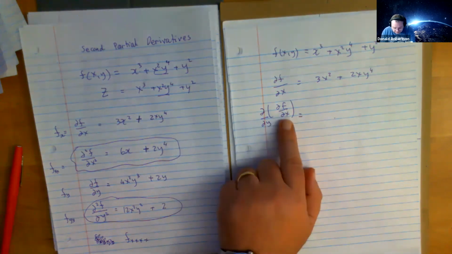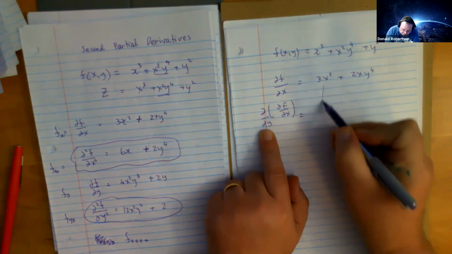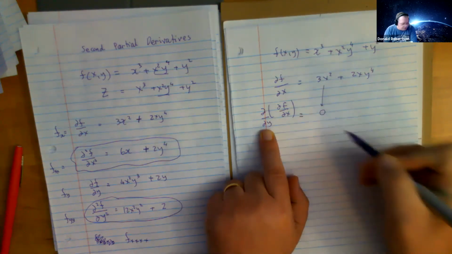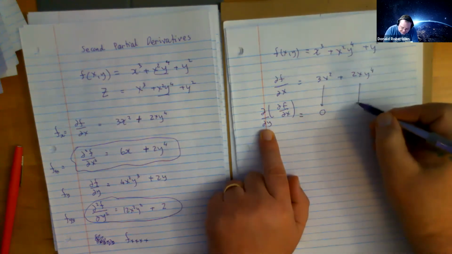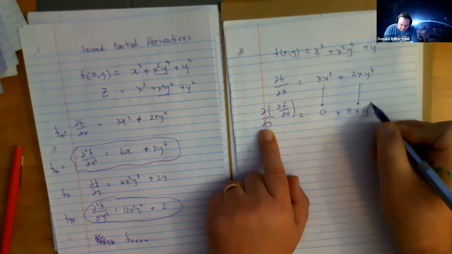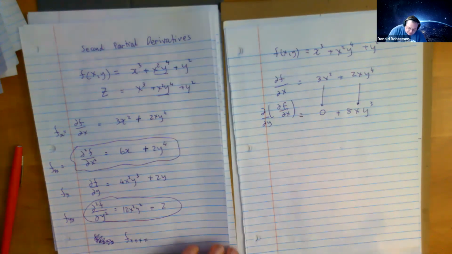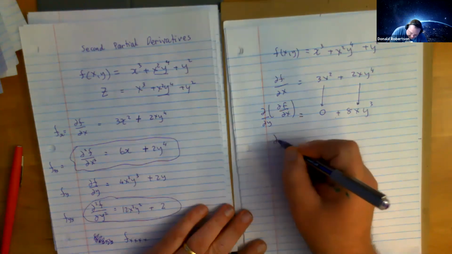Now, if you take this guy then, but you differentiate with respect to y, and would you agree that bit there gets you 0? And doesn't this bit here get you 8xy cubed? Now, notation-wise, not very pretty.